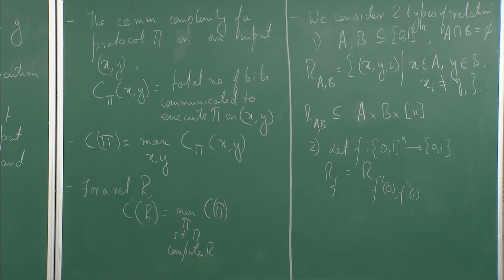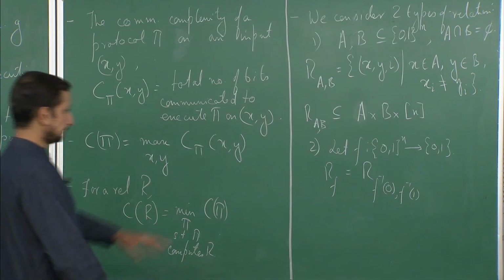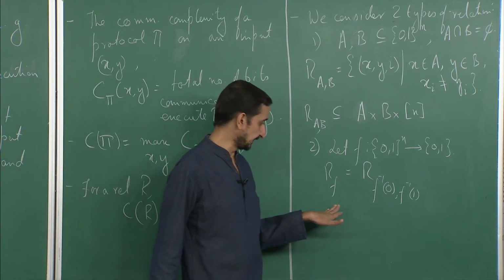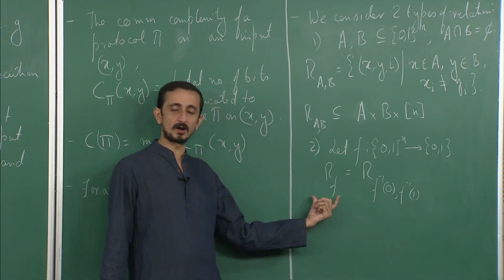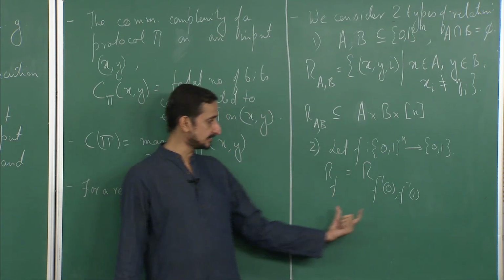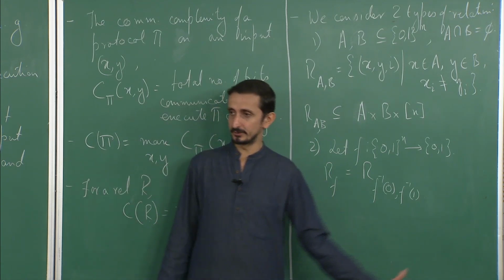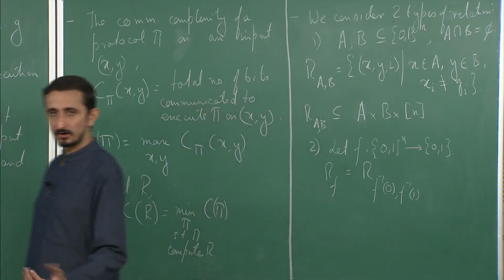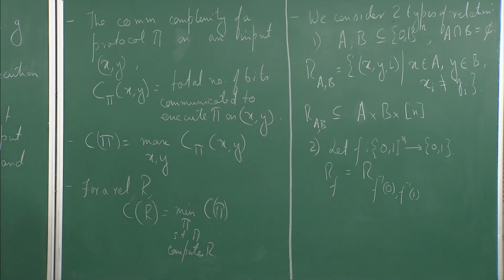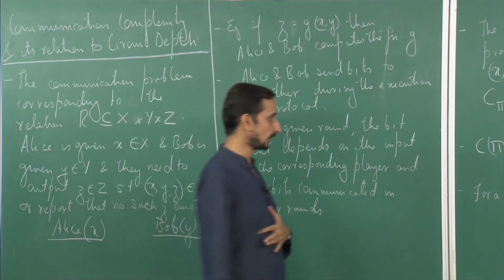Basically, if there is a protocol for R of f, it means that Alice is given a string which evaluates to 0, Bob is given a string which evaluates to 1, and they need to agree on an index on which both x and y differ.